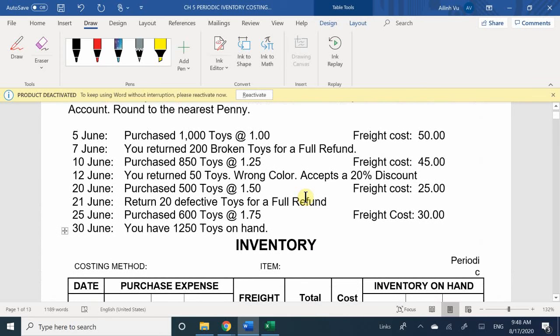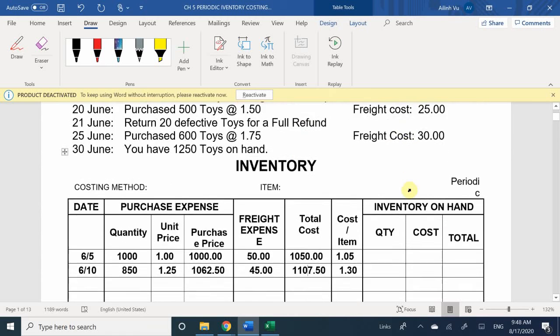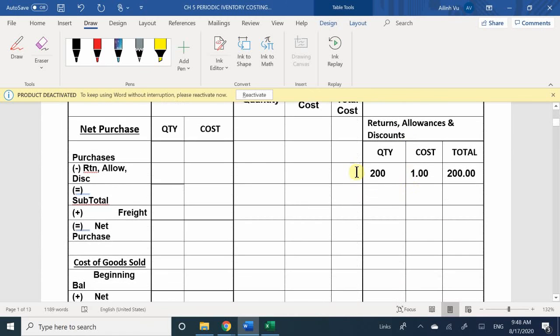Now, the next thing that we were going to look at is this right here, where on June 12th, you return 50 toys for the wrong color, but you accepted a 20% discount, which we solved for down here. For the price of 50 toys at $1.25 each, which gave you $62.50, we're taking only 20% discount off of that.